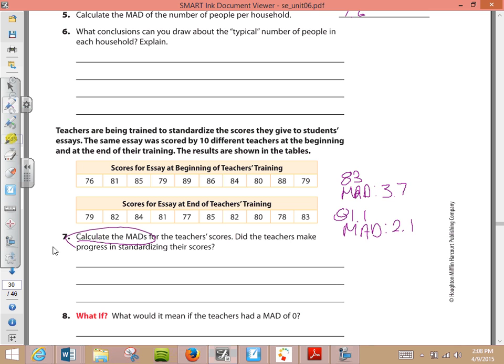What would happen if you had a 0 MAD? Yes, that means everyone agreed on the same thing. So we were scoring, for example, a math problem, which is either a yes or no answer, sometimes. And I had 10 people look at the math problem and they said, yep, that's right. Yep, that's right. Yep. That means everyone who was scoring it agreed exactly on the same number.